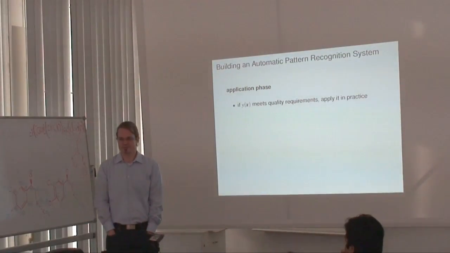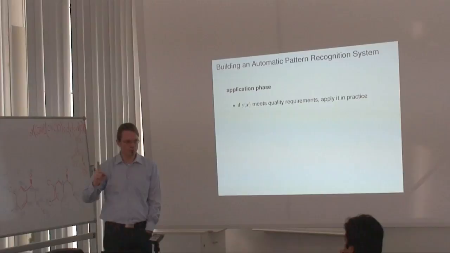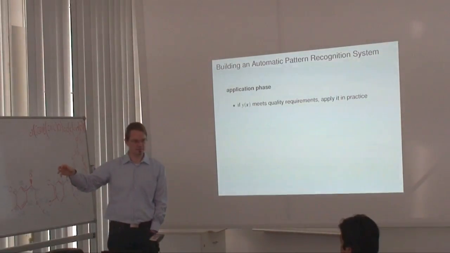That's of course exactly the opposite of what we would hope for if we were to use an automatic pattern recognition system to monitor an atomic power plant. It would definitely have to be the other way around. Right? We could never afford to make a mistake on the critical events.